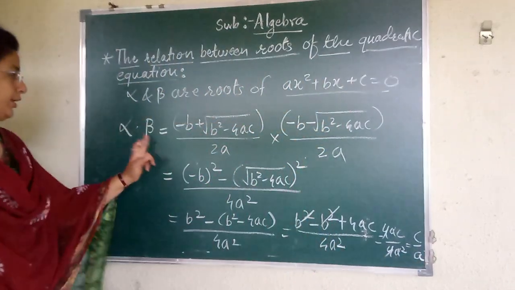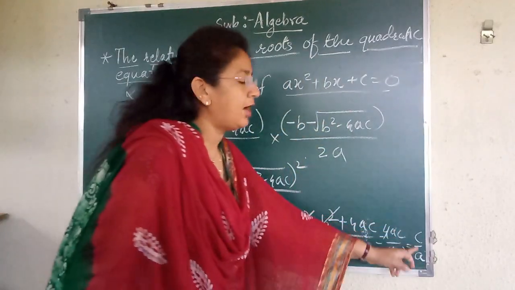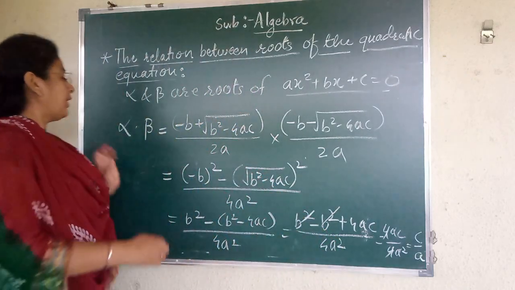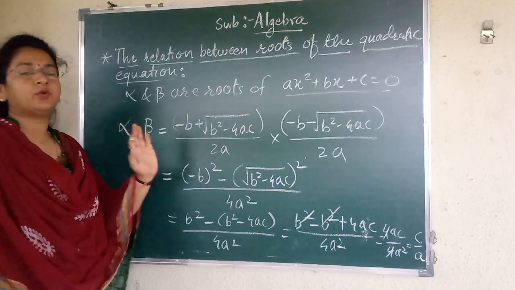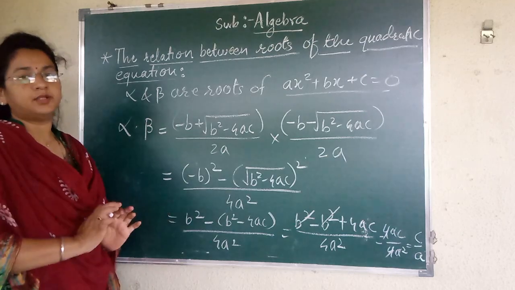So alpha into beta is equal to c upon a. Okay. The product of the two roots is equal to c upon a. This is the other relation.